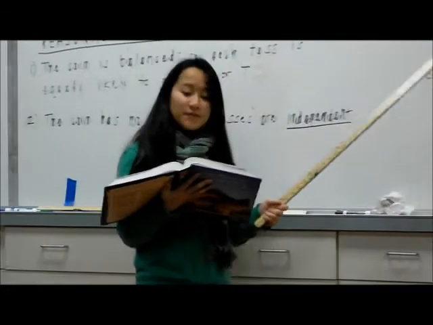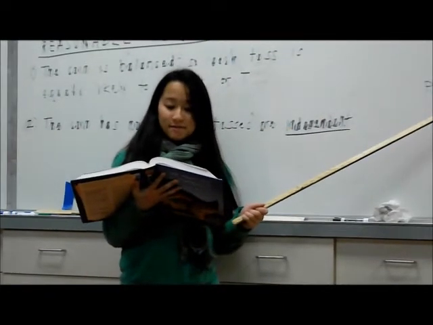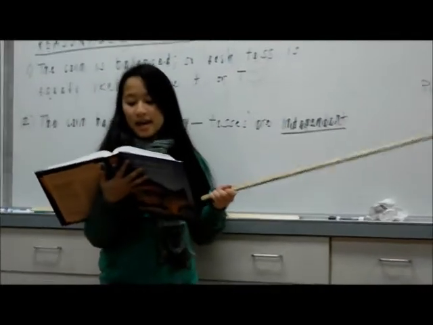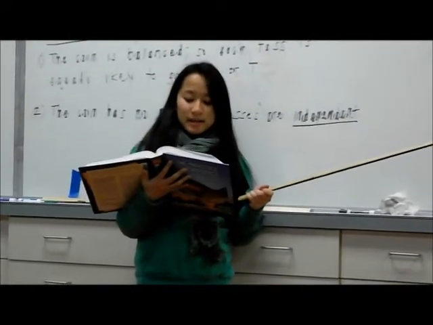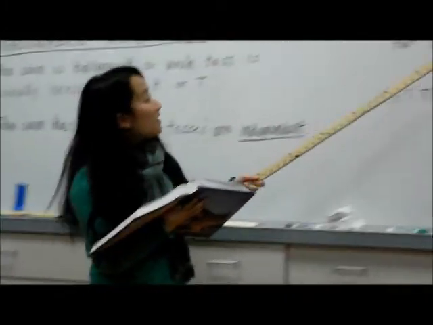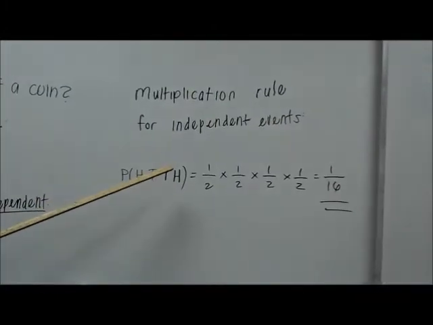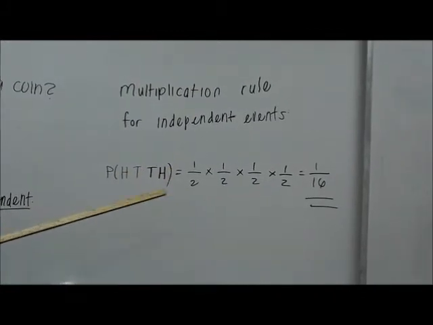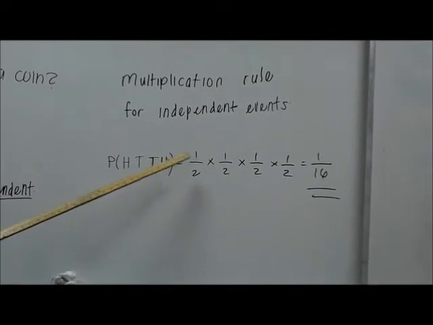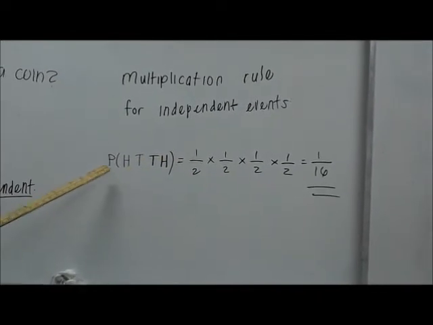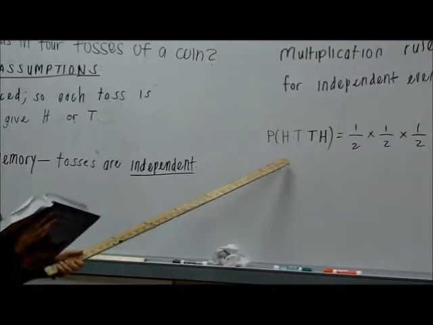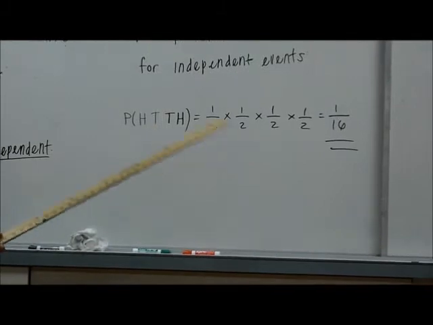The outcome of 4 tosses is a sequence of heads and tails, such as heads, tails, tails, heads. There are 16 possible outcomes in all. The multiplication rule for independent events tells us that, for example, the probability of getting heads, tails, heads, and so on is 1/2 for heads, 1/2 again for tails, and so on.